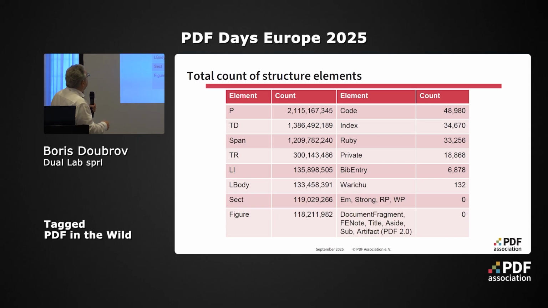Not surprisingly, paragraph and table cells are probably the core basic blocks of any structure tree. This is the majority of tags we see in the documents. I was interested to see that there are some documents that have Ruby, very few that have the related tag.